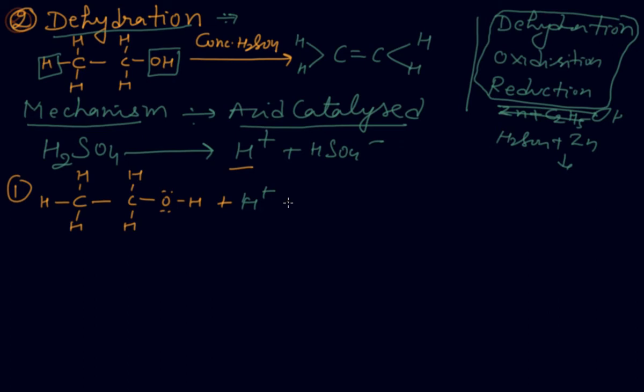You are watching that it will give you the intermediate CH3CH2OH2 plus, and now this H, which has been donated by the H2SO4, makes the oxygen unstable. You are well aware that oxygen cannot carry 3 bonds, so it will break away and give you the product in the second step.